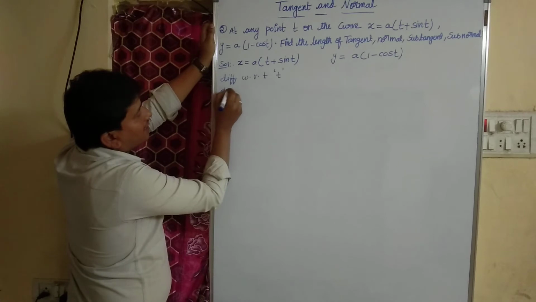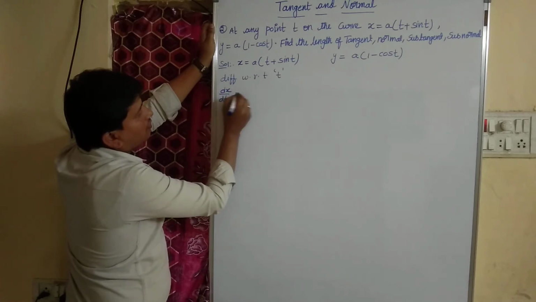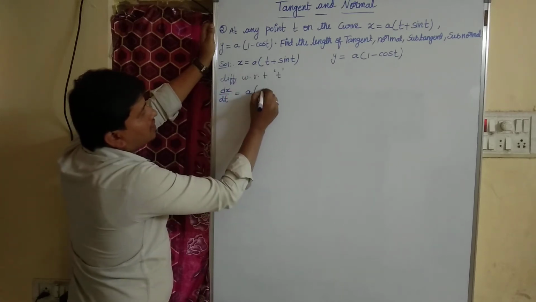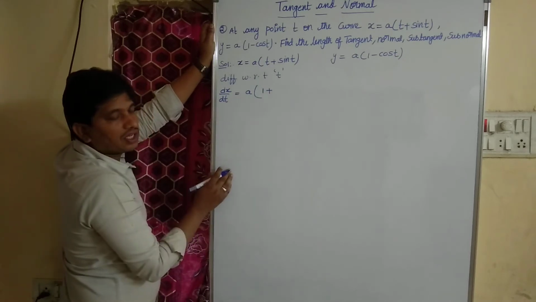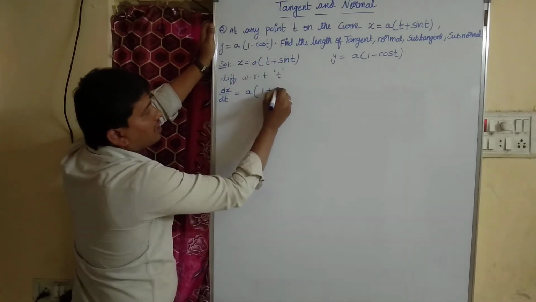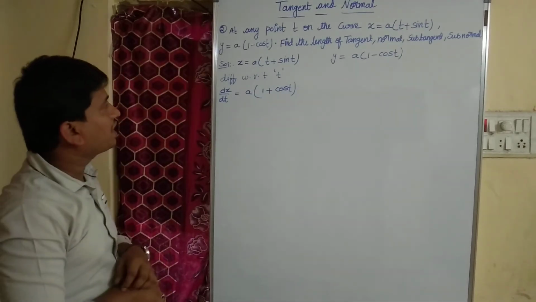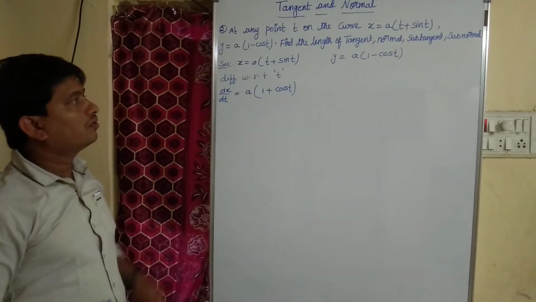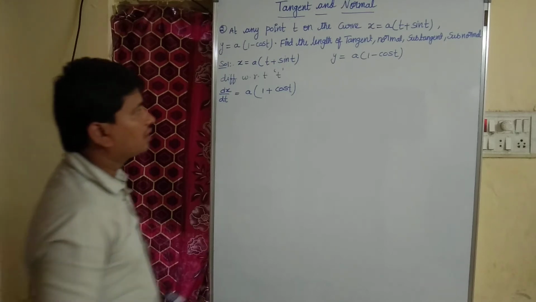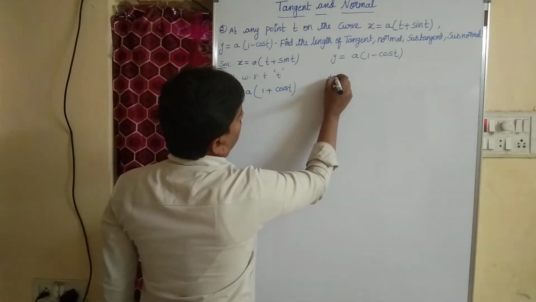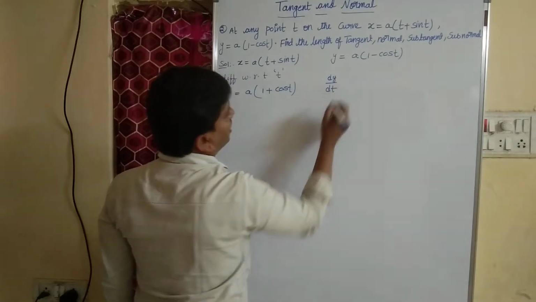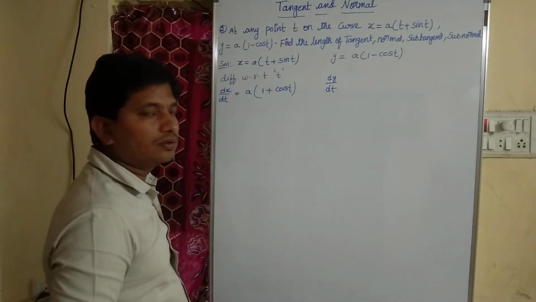So dx by dt equal to a into, as the differentiation of t is 1 and the derivative of sin t is cos t. So what is dx by dt? a into 1 plus cos t. Right? Now let us differentiate y with respect to t.